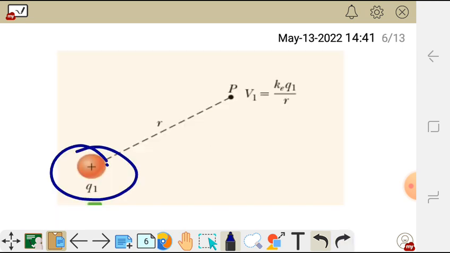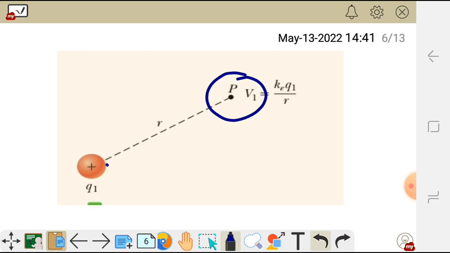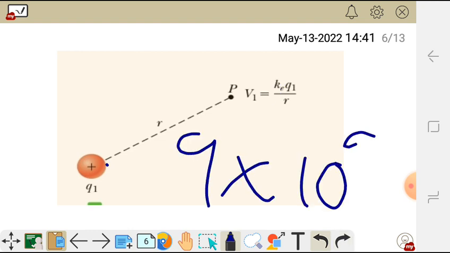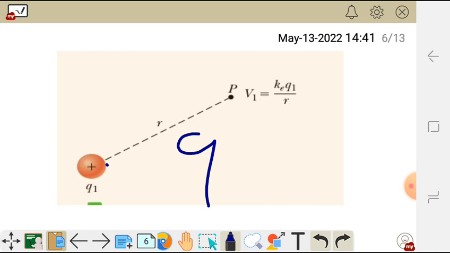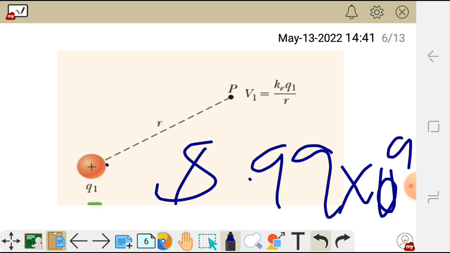We have a point charge here, and we want to find the potential at point P. To find the potential at point P, the formula we use is simply V1 equals Ke multiplied by Q1 divided by r, where Ke is Coulomb's constant, which is 9 by 10 to the power 9, or in other books 8.99 by 10 to the power 9.